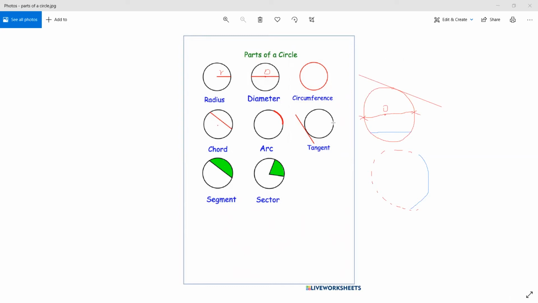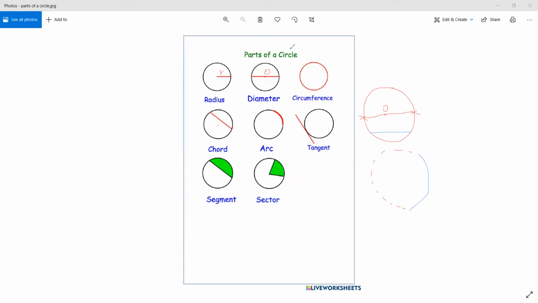Any straight line touching the circle at a point, we call it a tangent. And you can see it right there: the red line which is touching this circle is the tangent of that circle at that point.